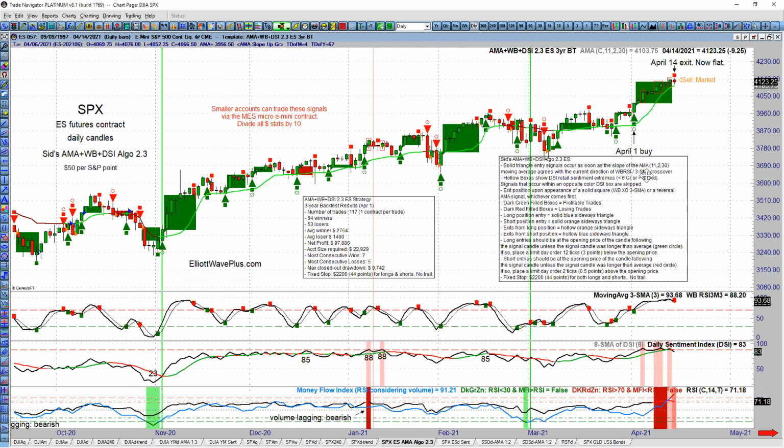And back testing basically says if you have a daily sentiment index reading that is above 87, do not take a new long position. And if the DSI is below 6, do not take a new short position.